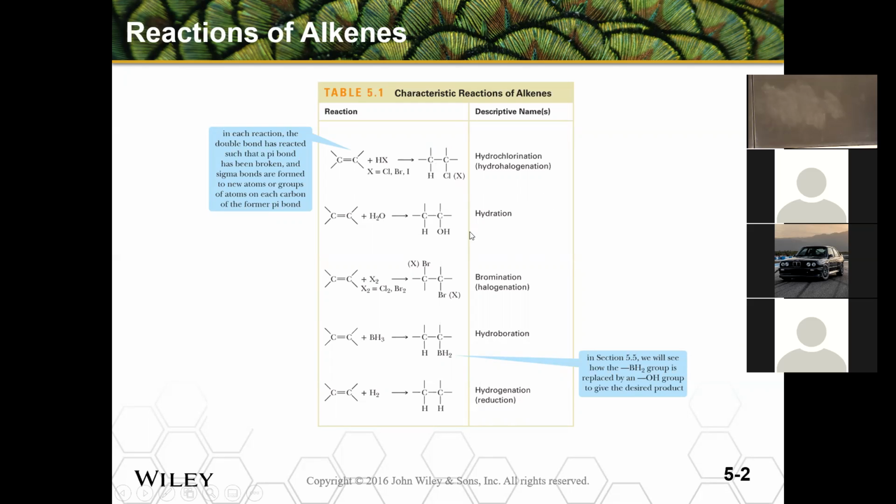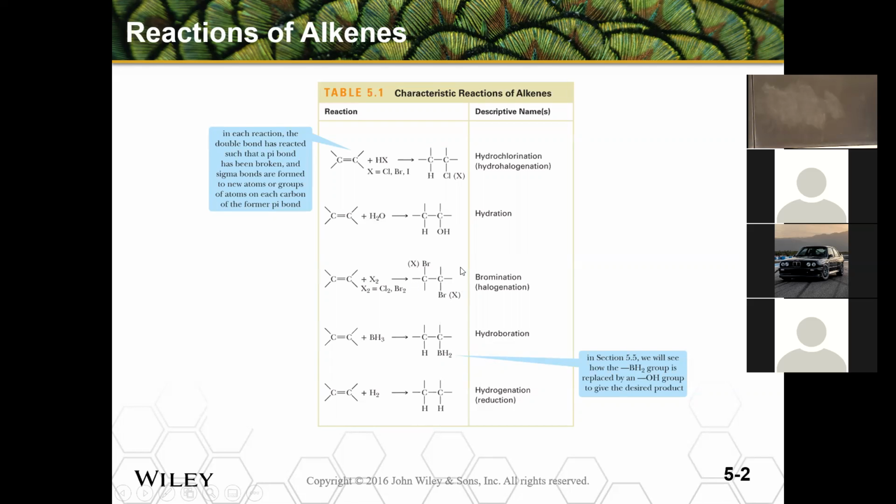There is hydration. H and OH, the elements of water, add across a double bond. Our product is an alcohol. This doesn't take place just by mixing the alkene with water. We do have to have a catalyst.